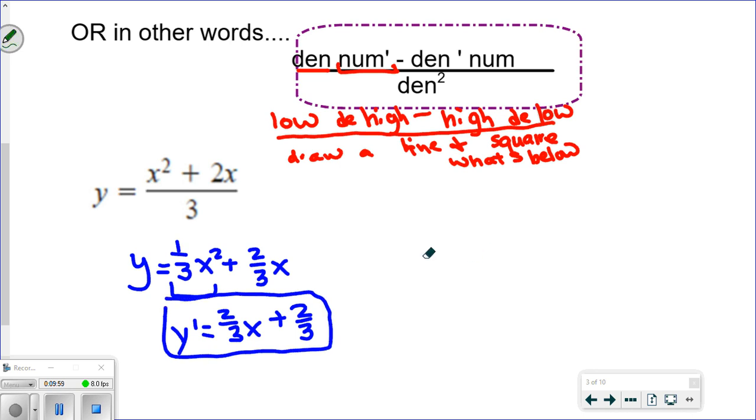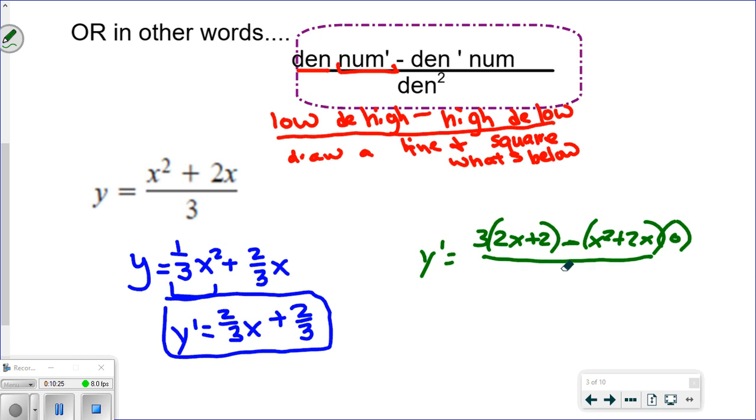So the quotient rule says low, so keep the 3 the same. Low, D high. What's the derivative of the high? 2x plus 2. Minus high, so keep the numerator the same. D low. Well, what's the derivative of 3? The derivative of 3 is 0. It says draw a line and square what's below.